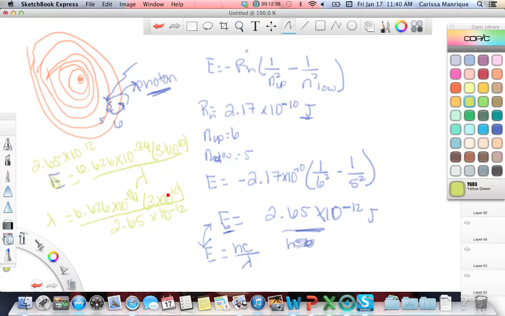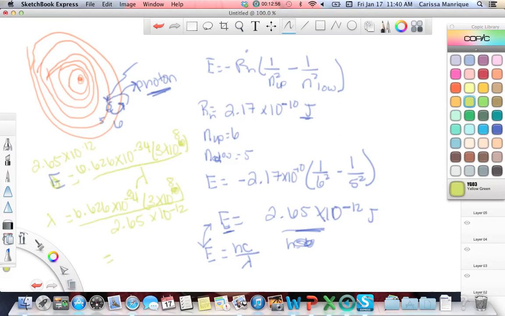Oh, sorry, this is not 10, this is 8, because we're doing meters per second, not centimeters per second. Okay? And so when you do this, you get 6.626 times 10 to the negative 34 multiplied by 3 times 10 to the 8. Okay?